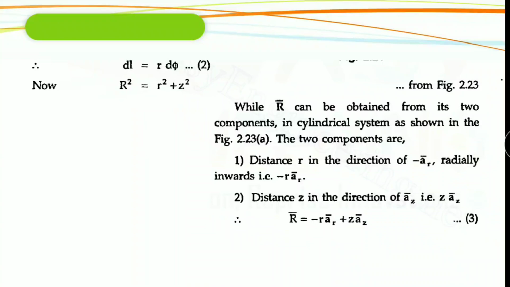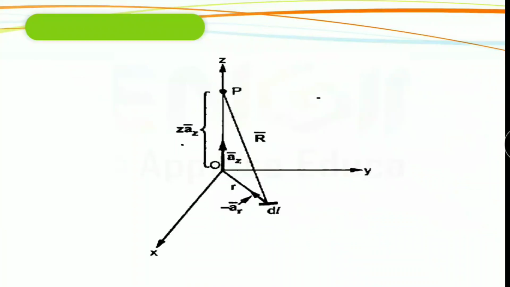So the unit vector is indicated by minus a r, and the component along the r direction is represented by r a r bar. Similarly, the component along the z direction is indicated by the vector z a z bar. That means this is the vector a z bar.